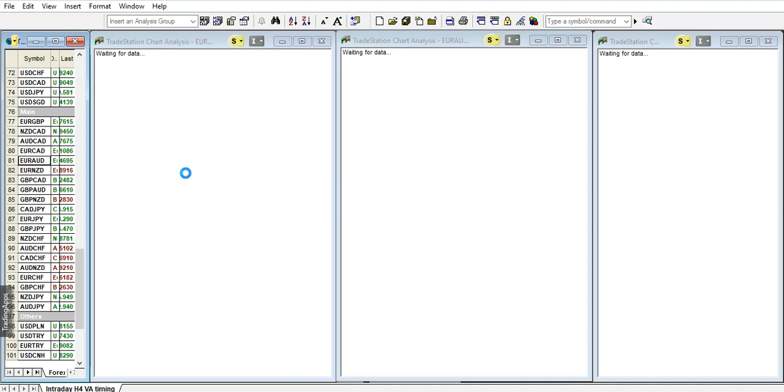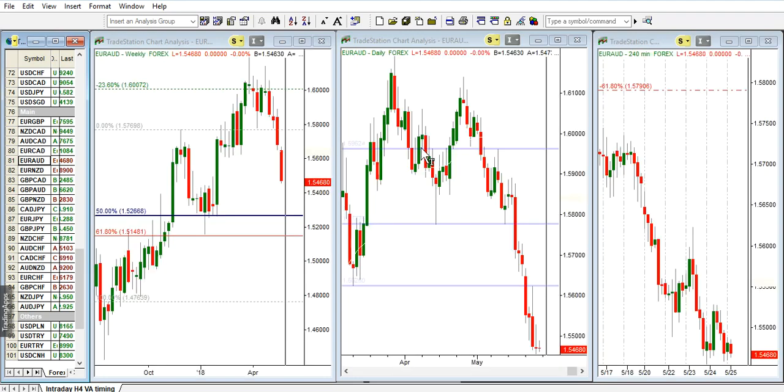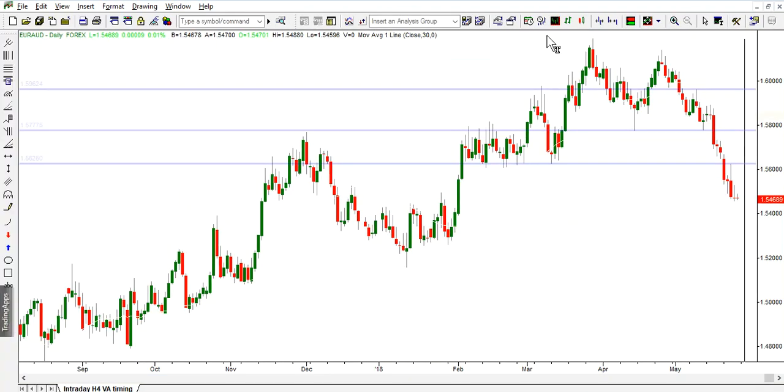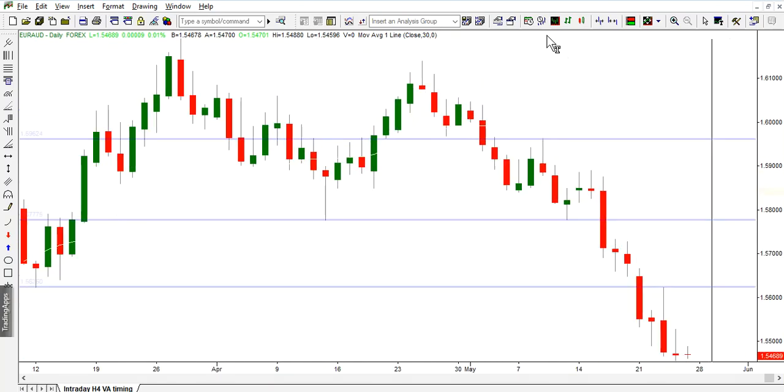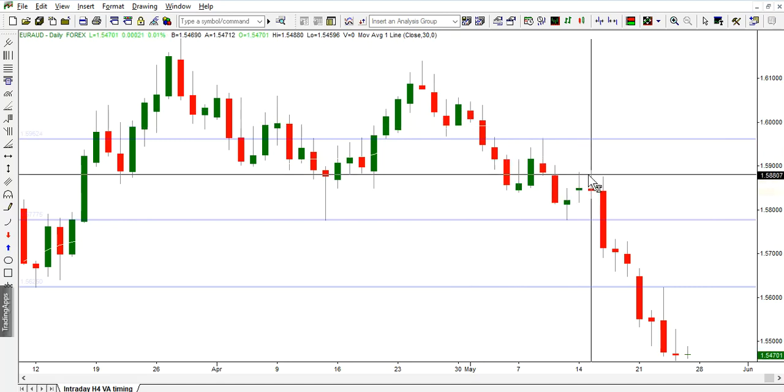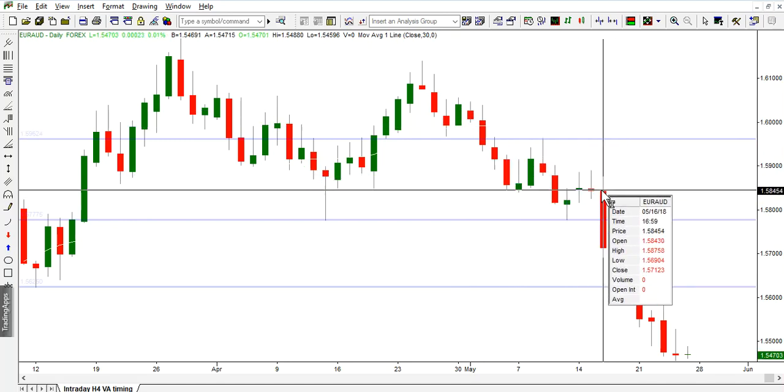Euro Australian dollar. So we saw weakness in the euro and a little bit of strength in the Australian dollar, and this has basically caused a continued move lower in this market. And for those of you who are on the mastermind as well on Facebook, I mentioned the trade here, short.